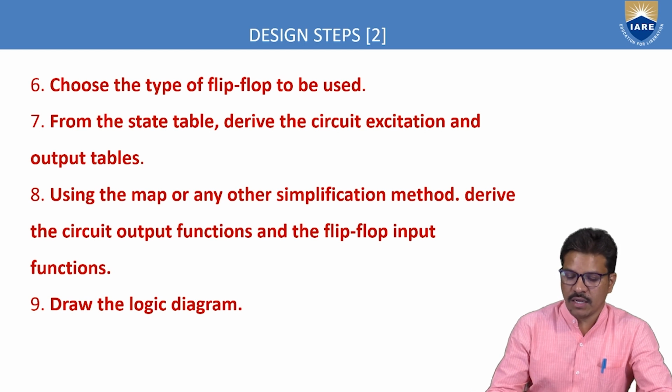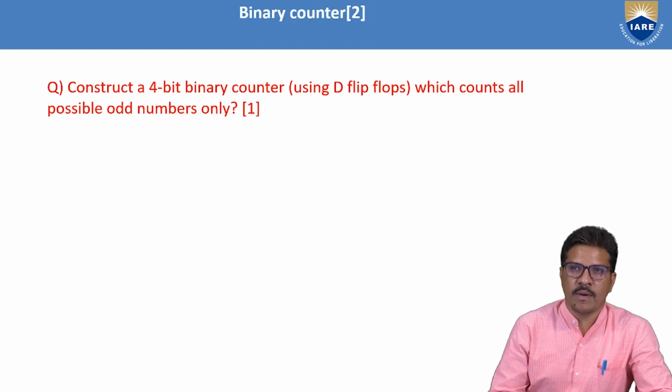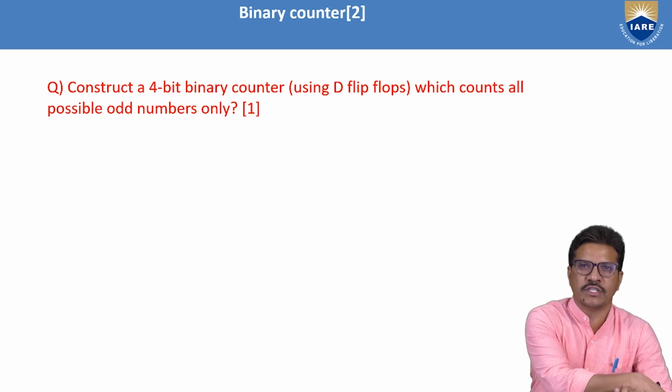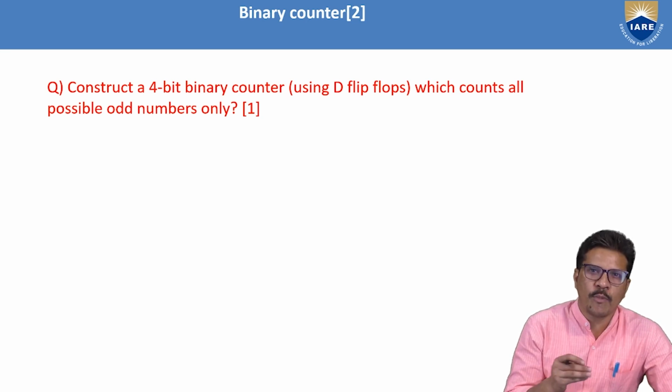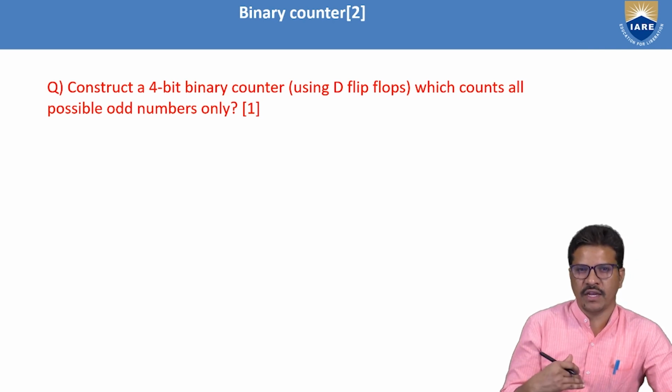Let us see one more example by considering all those steps. The problem is taken from the question bank: construct a 4-bit binary counter using D flip-flops, which counts all possible odd numbers only. If you take 4 bits, it is 0 to 15.